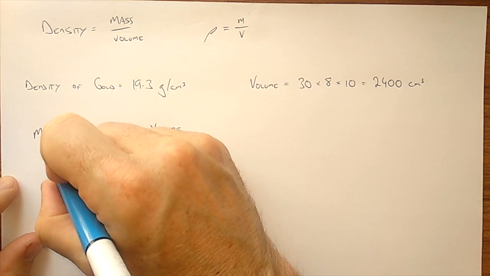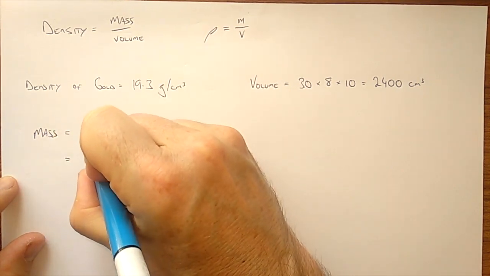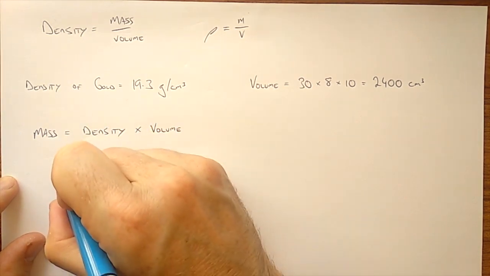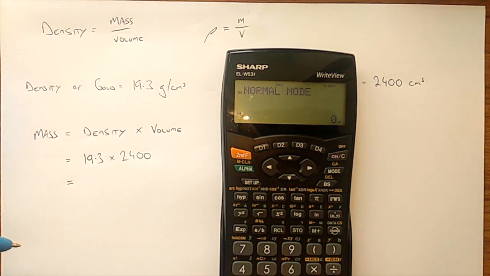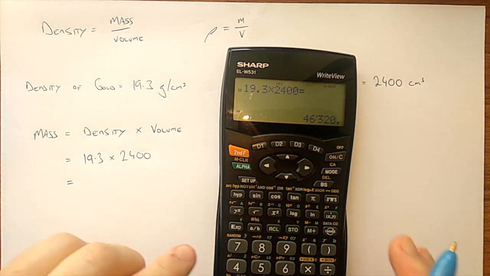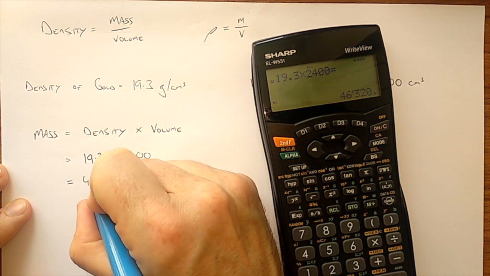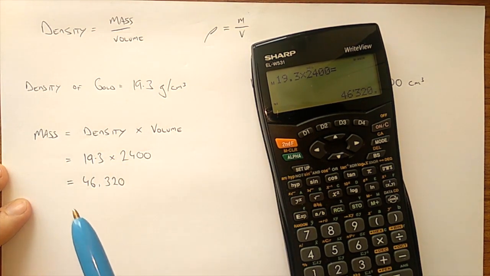Now I have my volume. Back to here. So the mass is 19.3 by 2,400, and that equals a nice big number, 46,320. 46,320 what?